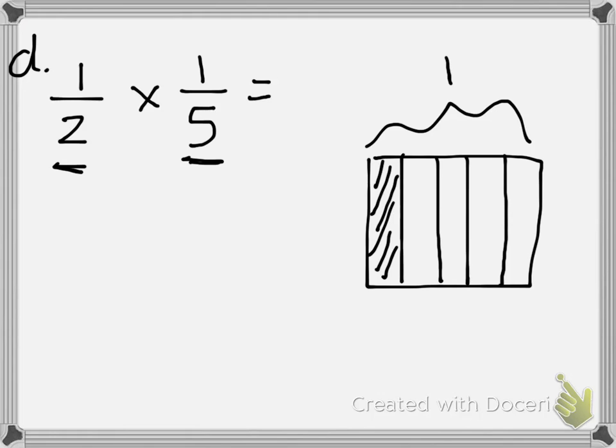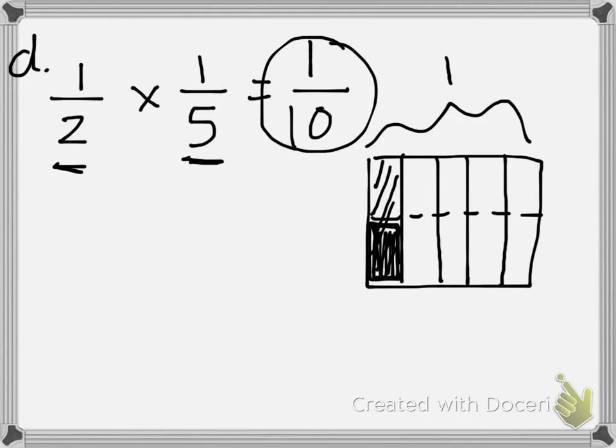So I need to look at this fraction here, and I need to split that 1/5 in half. So this right here is 1/2 of 1/5. So if I were to extend my line here, I have 10 total parts, and I have one that is double shaded. So 1/2 times 1/5 equals 1/10.